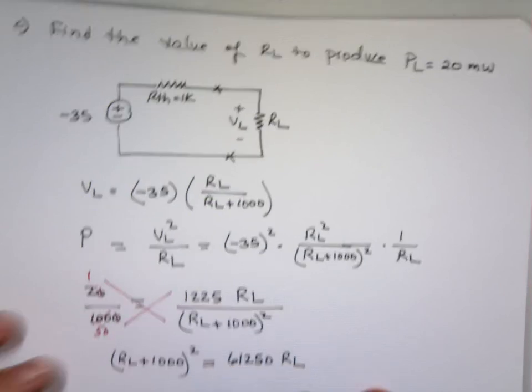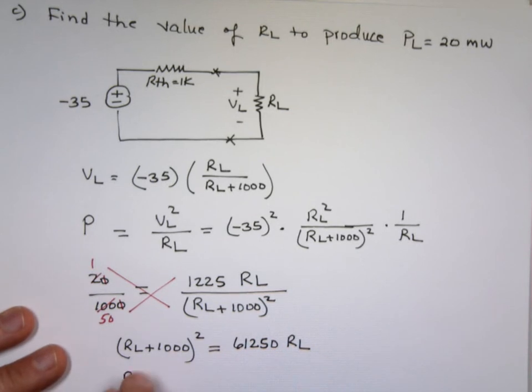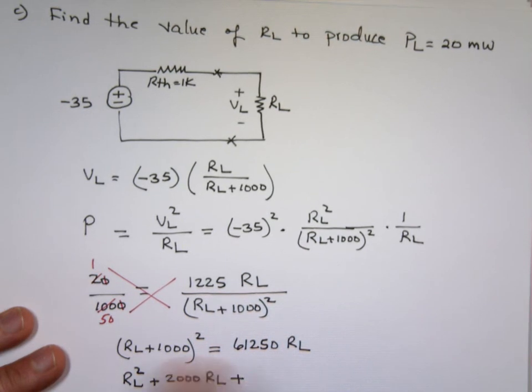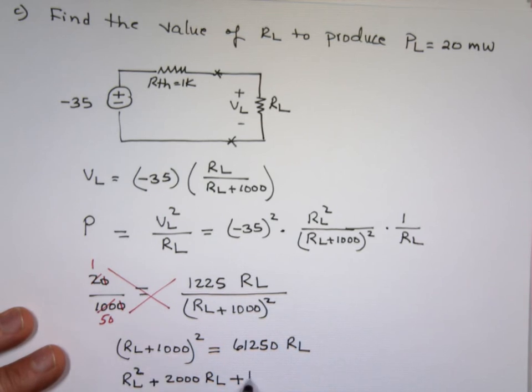Square that, R sub L squared, plus 2,000 R sub L, plus square that one, which is a million, equals 61250 R sub L.